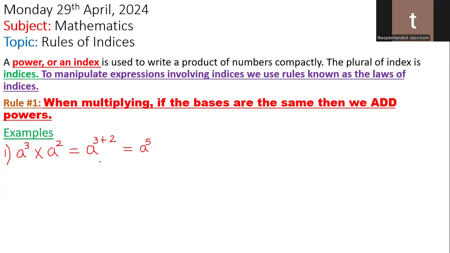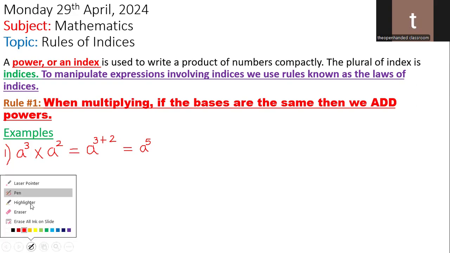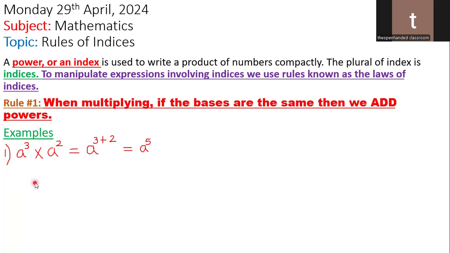Okay, how did we do this, Ajani? What did we do? We multiplied it. Explain it, Ajani.